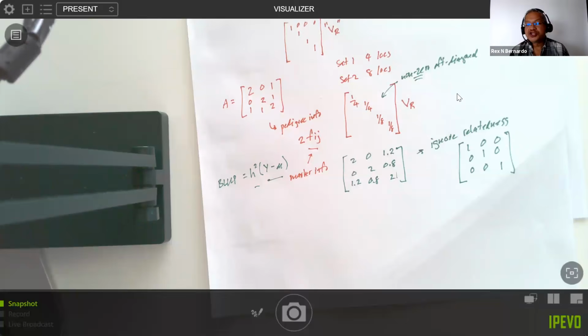So for GWAS, let's say you have unbalanced data, I would use BLUEs. I wouldn't do BLUP twice because, well, it depends.